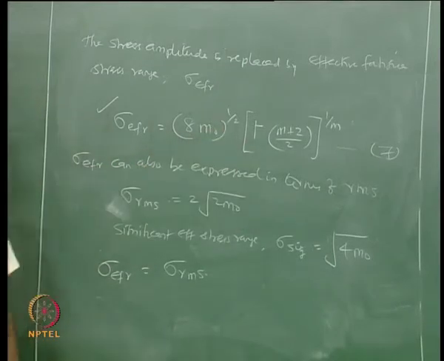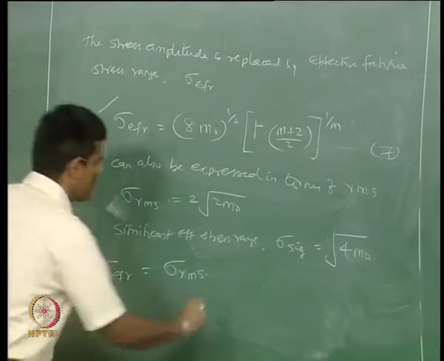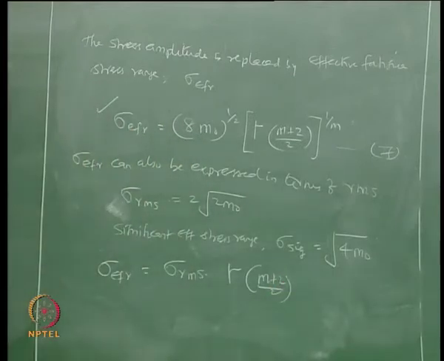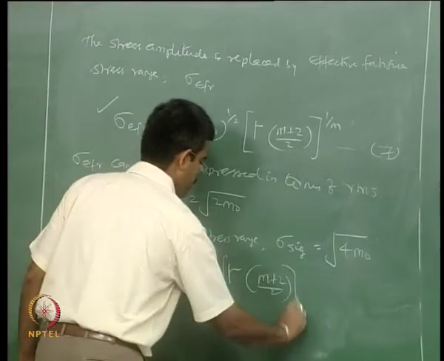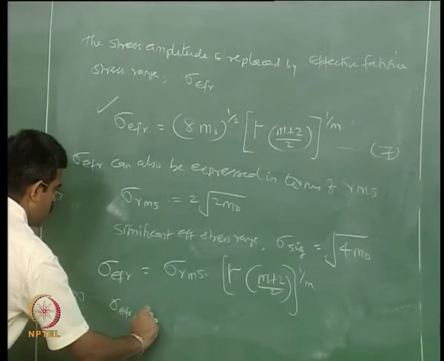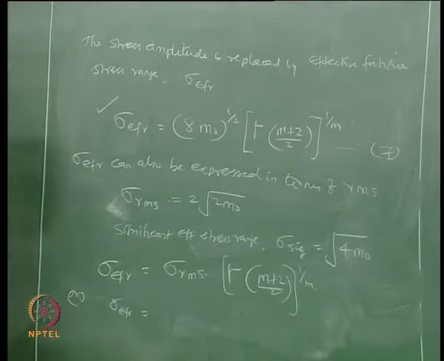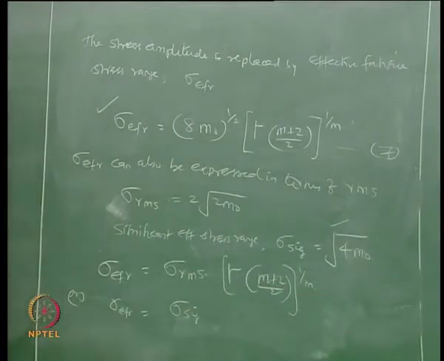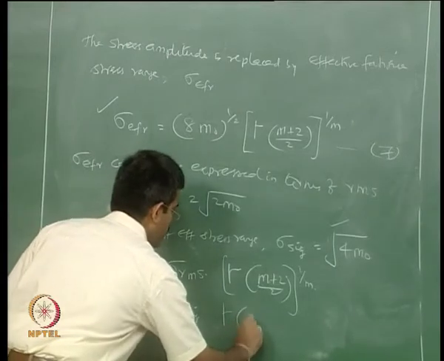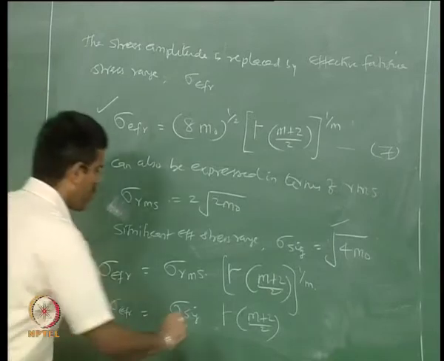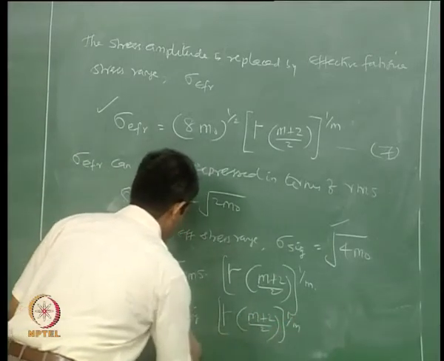So, I can say this is sigma RMS times gamma of m plus 2 by 2, to the power of 1 by m, or sigma effective R can also be said as sigma significant, which I know here, which is 4 root m naught, times gamma function of m plus 2 by 2 to the power of 1 by m, divided by root 2.